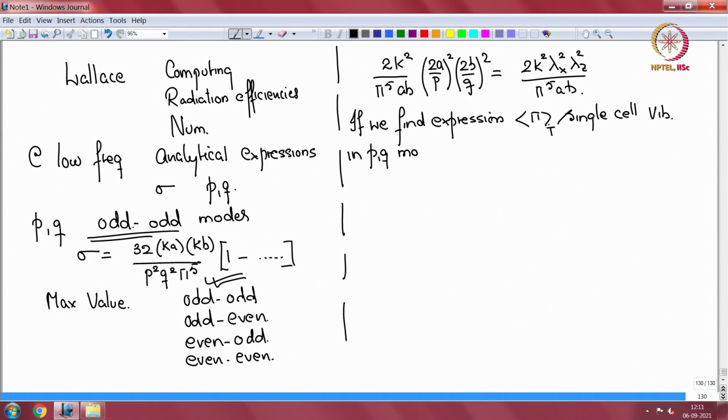So, the panel is vibrating in the PQ mode and we are looking at one single cell. We compute the power, and we divide by the full area.